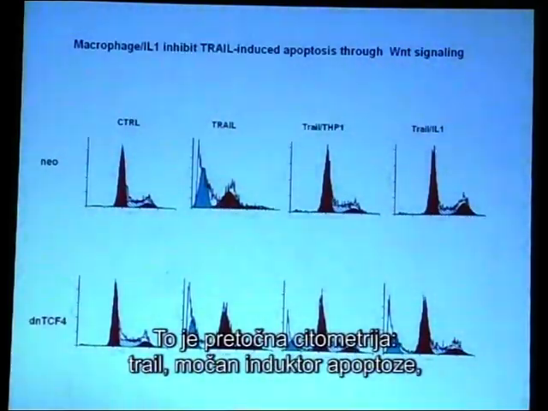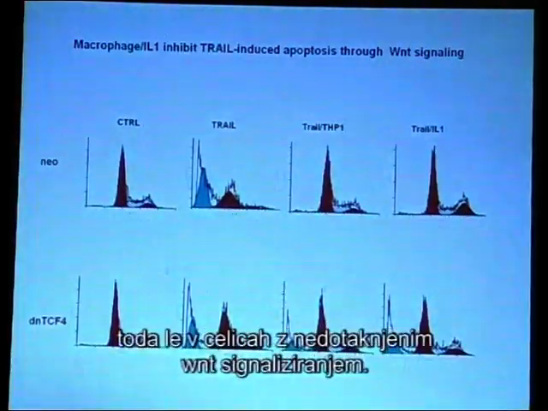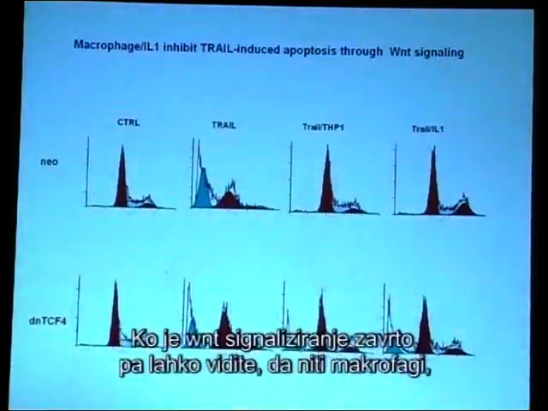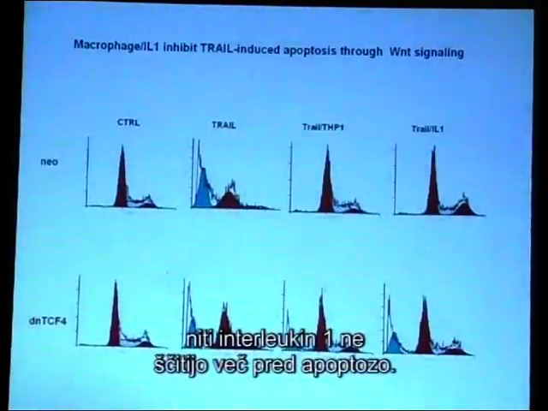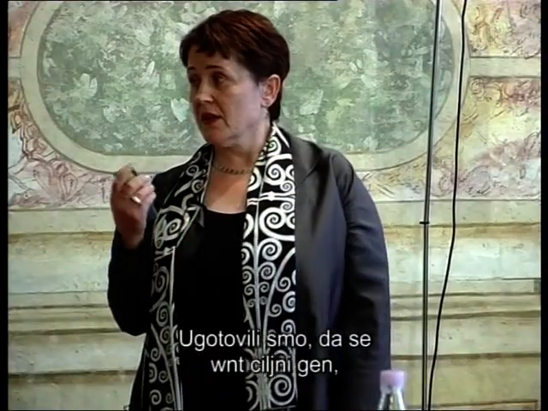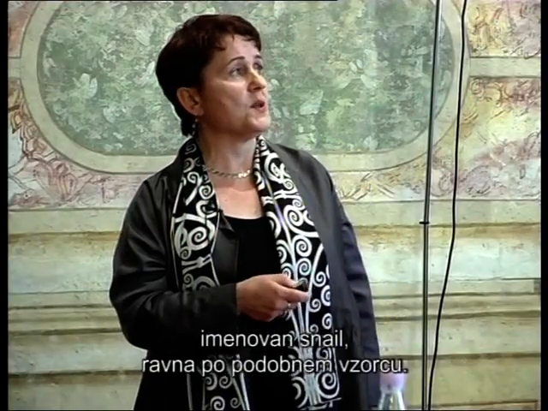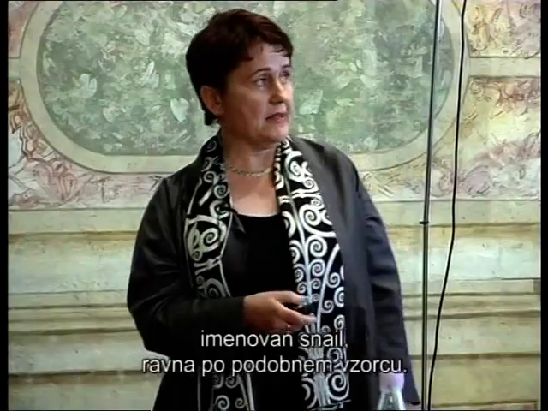TRAIL, a potent inducer of apoptosis; macrophages or recombinant interleukin-1 would inhibit the apoptotic response, but only in cells that have intact Wnt signaling. With inhibition of Wnt signaling, you can see the macrophages or interleukin-1 no longer protect the cells from TRAIL-induced apoptosis.